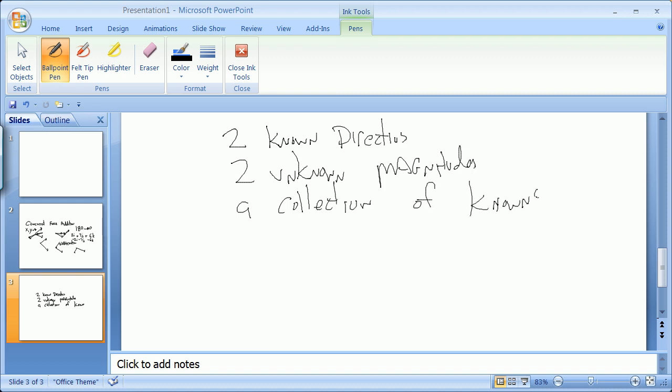In other words, you can have, let's draft it here, an unknown force 1 in a known direction, an unknown force 2, and you might have these three things, each being knowns.